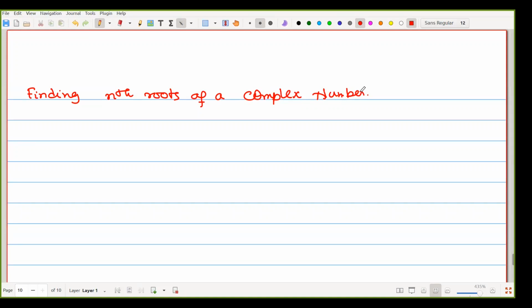The first thing: any complex number can be written in two ways.